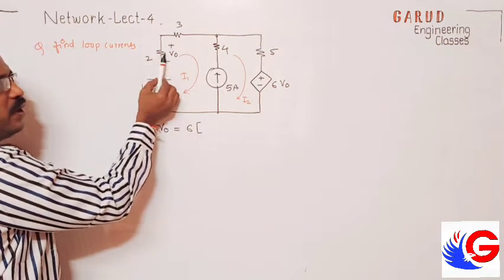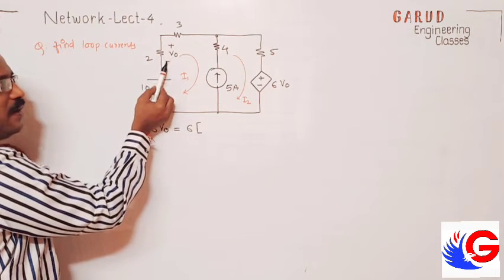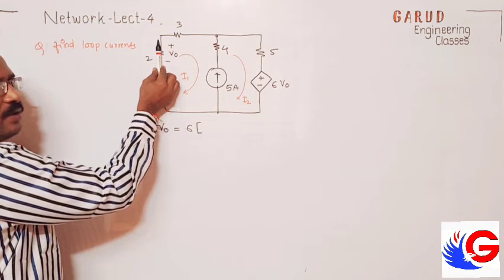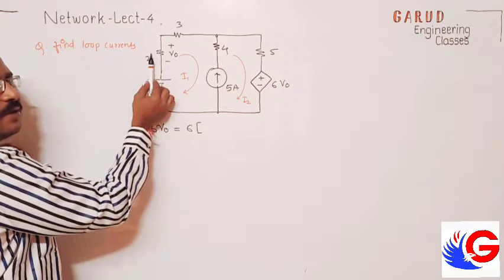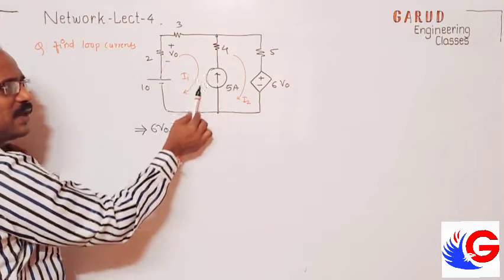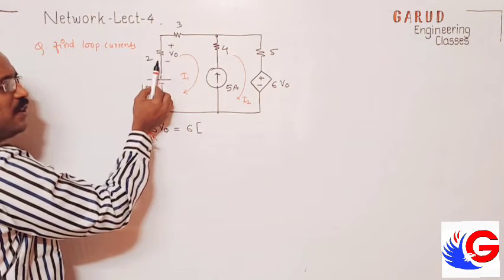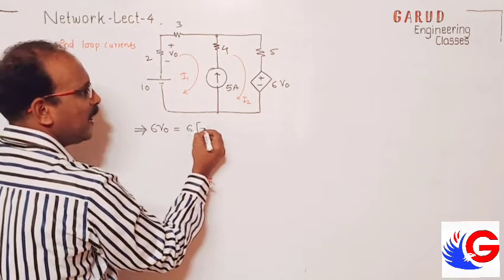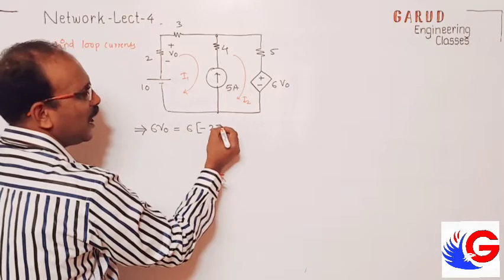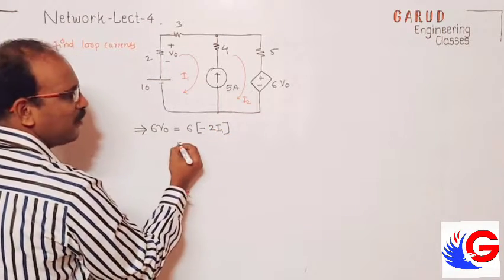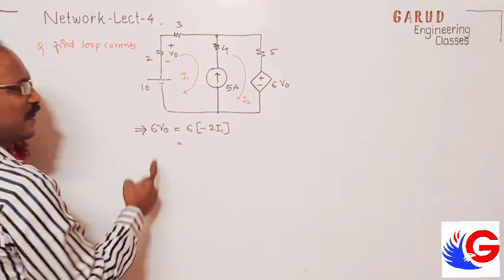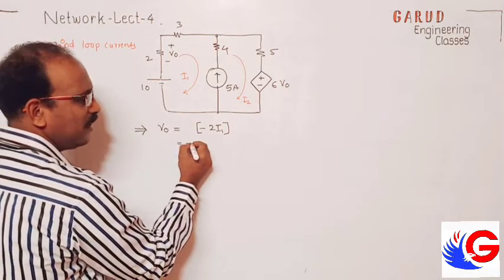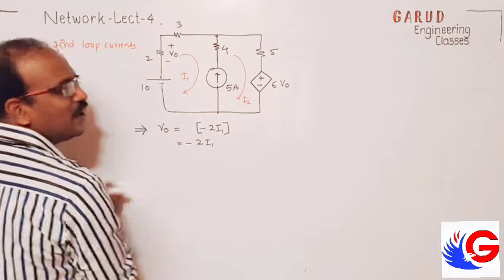The voltage here is 2 into I1, but the polarity given is in the reverse way. As my assumption is I1 is clockwise, it should make this positive and negative, but they are sensing it the opposite way. So VO equals minus 2 I1.